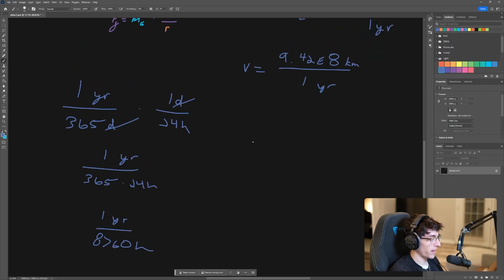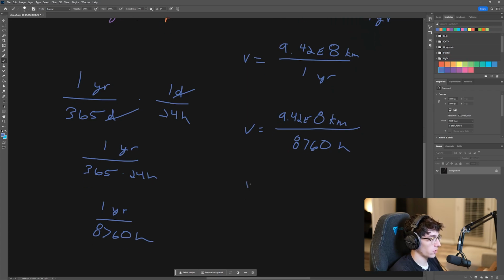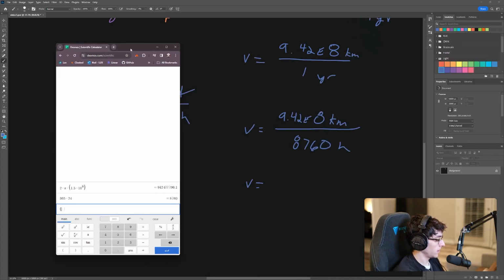So now if we come back over here, we can say velocity is equal to 9.42 times 10 to the 8th kilometers over, in 1 year, we can substitute out 1 year for 8,760 hours. And this will give us our orbital velocity of 9.42 times 10 raised to the 8th divided by 8,760.